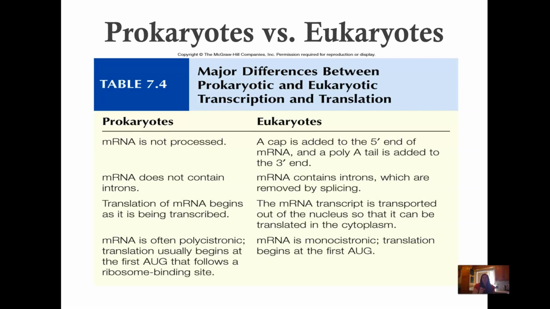Eukaryotic messenger RNA is usually monocistronic. In other words, one mRNA will code for one protein, whereas in bacteria, one messenger RNA could code for 5 different proteins. In other words, there are multiple start codons along that messenger RNA, and as soon as the ribosome finds a start codon, it's just going to start translating.